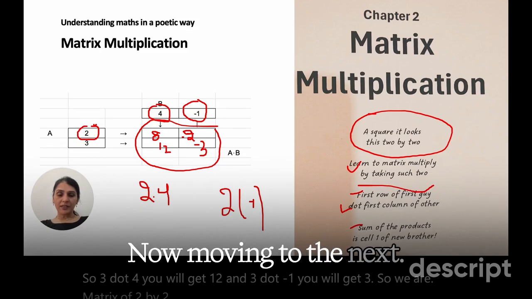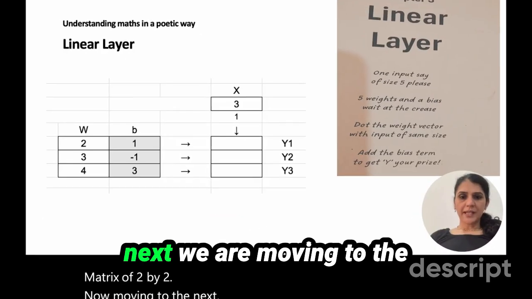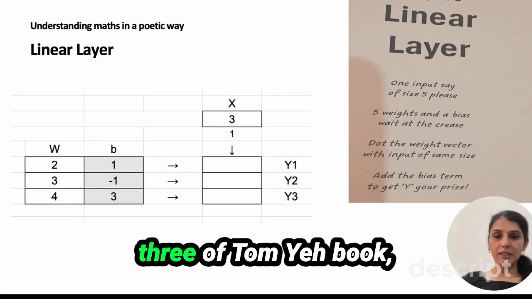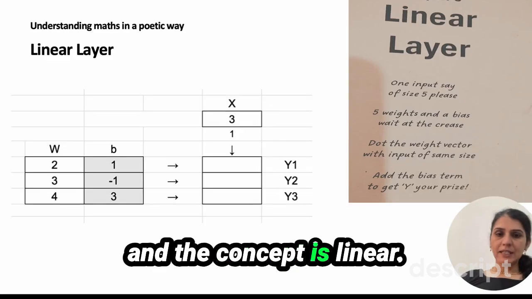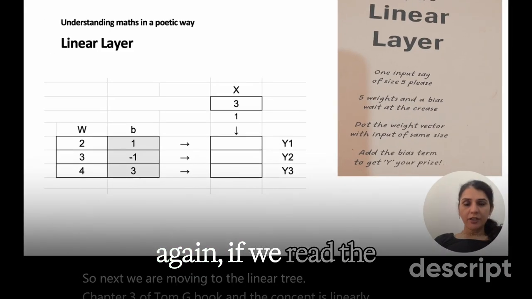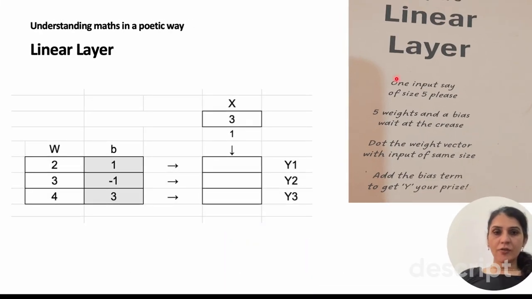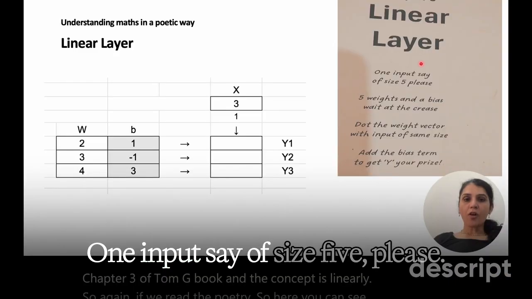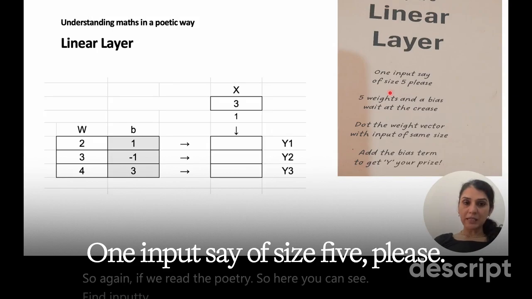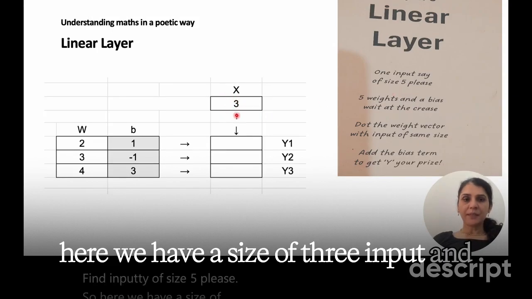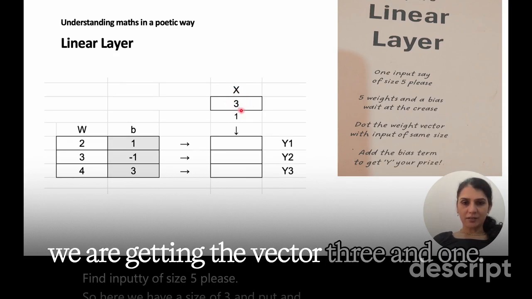Now moving to the next, we are moving to the linear layer. That is chapter 3 of the book, and the concept is the linear layer. Again, if we read it, here you can see one input of size 3, and we are getting the vectors 3 and 1.